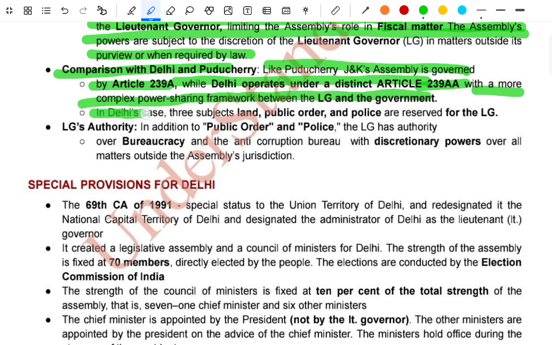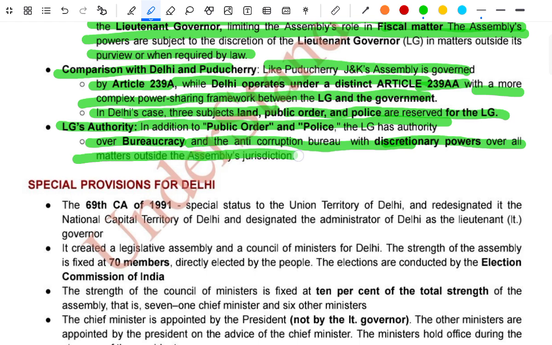In Delhi's case, subjects like land, public order and police are reserved for the LG. In addition to public order and police, the LG has authority over the bureaucracy and the Anti-Corruption Bureau, with discretionary power over all matters outside the Assembly's jurisdiction.